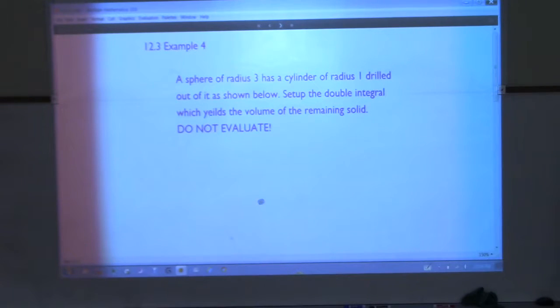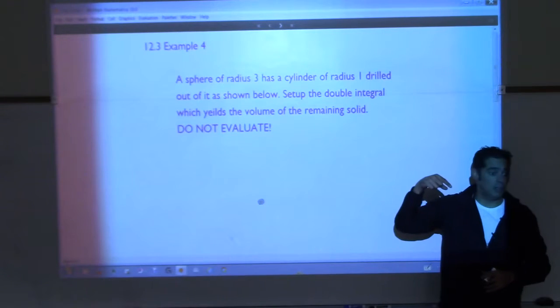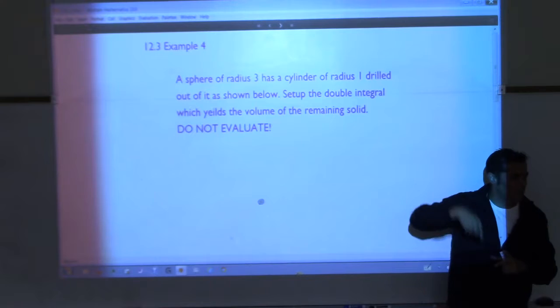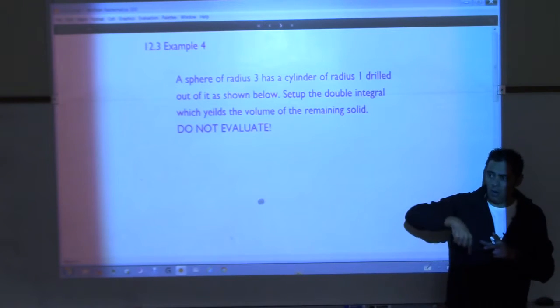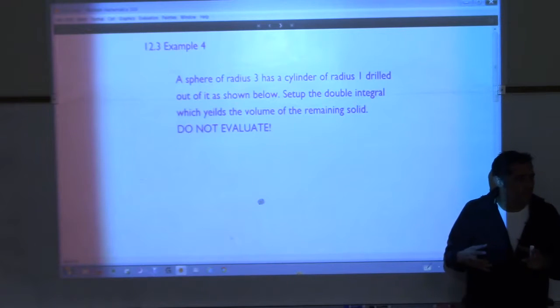Set up the double integral which yields the volume of the remaining solid. So we've got a sphere, radius 3. We've got a drill of radius 1, and we're going to drill out the sphere, the solid ball, and I want to know how much is left. What's the volume of what's left there?